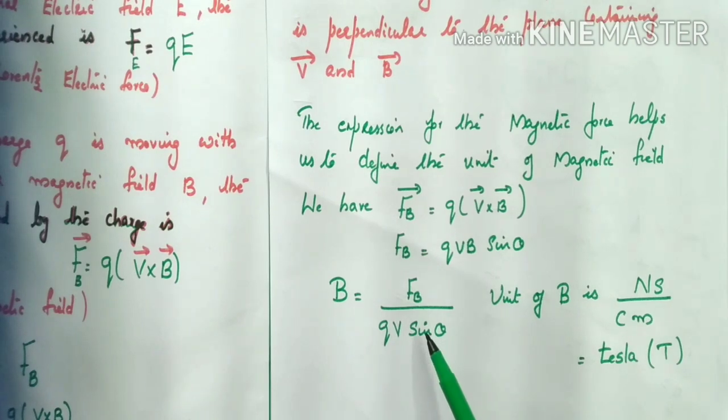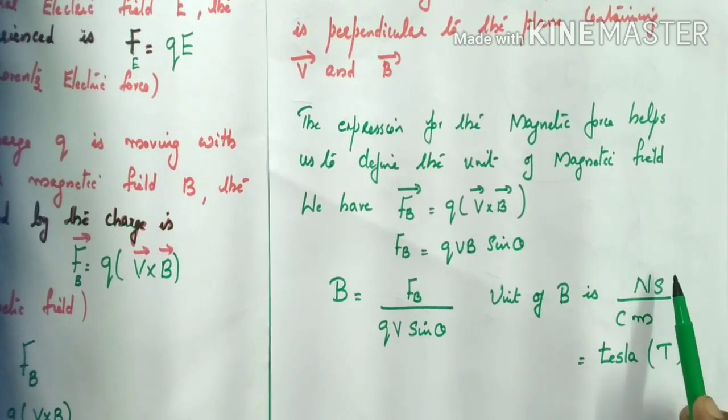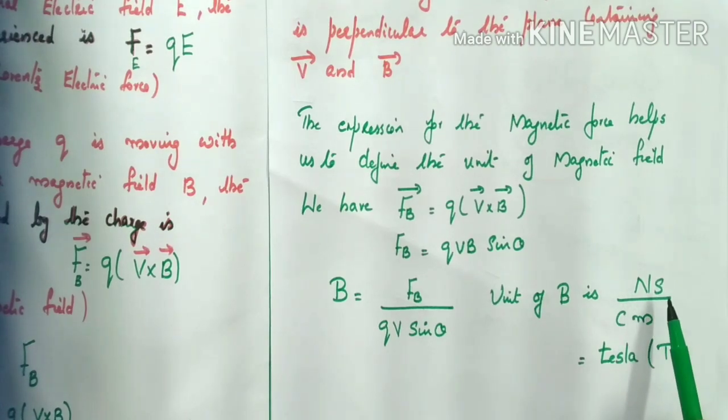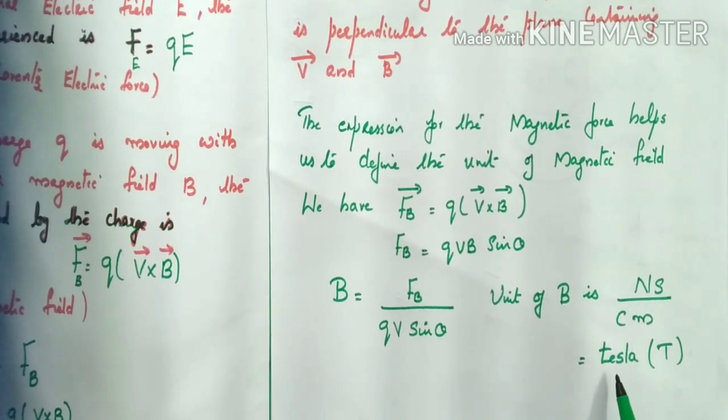Substituting the unit of force, Newton, charge, coulomb, and velocity, meter per second, the unit of magnetic field becomes Newton second per coulomb meter, and it is called a Tesla. So Tesla is the SI unit of magnetic field. Tesla is represented by capital T.